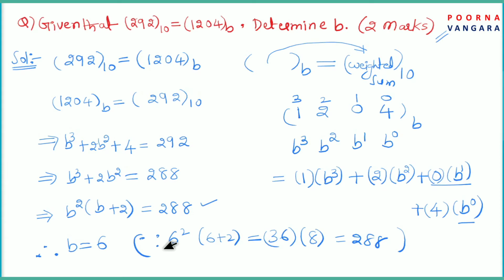So B equal to 6, since 6 is satisfying this expression. So you can try with trial and error. If you are having only a B square, only B term, you can find out the expression directly. These kinds of questions will be coming from unit 1 for 2 marks. One more question like this you can expect.